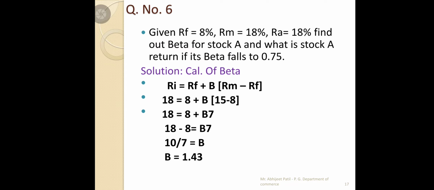In the last problem, for the first question, beta was missing and the return is given as 18%. Now here we use beta 0.75: 15 minus 8 is 7, multiplied by 0.75, plus 8, we get 13.25%.